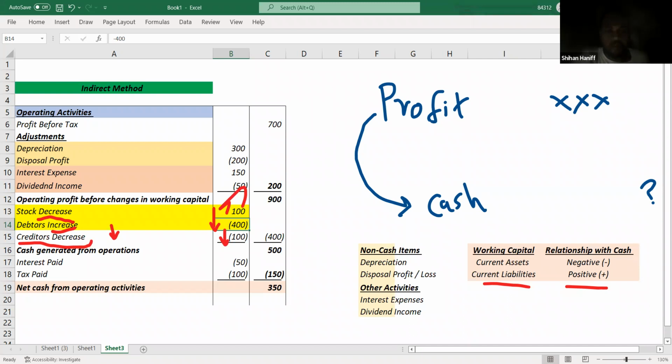Let's move to an example. So I'm going to do a question in both the methods.